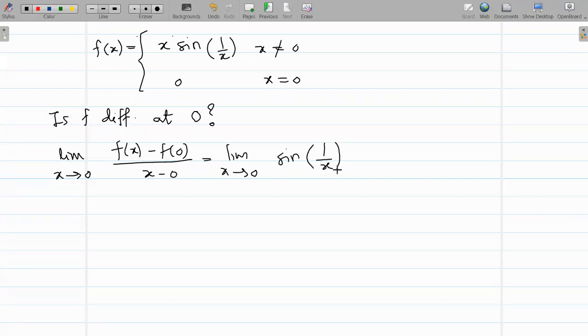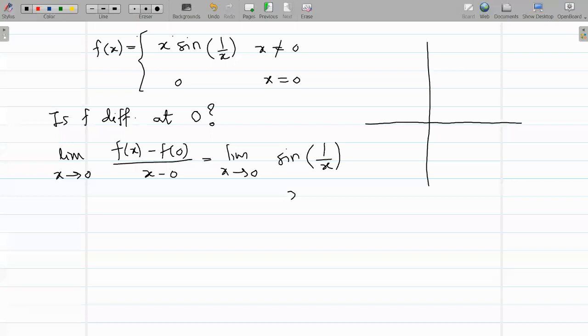And this is another famous limit which we know doesn't exist. Do you know why it doesn't exist? Because near 0, it oscillates infinitely many times. Why?